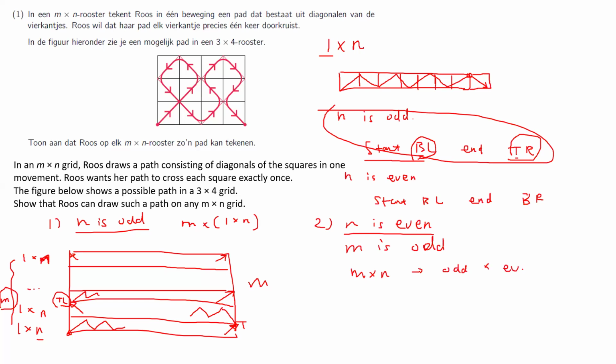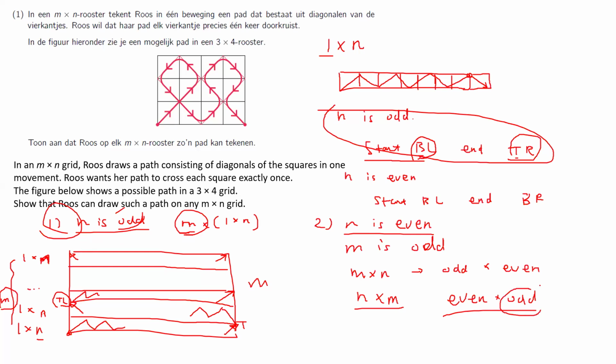You can see it's exactly a reflection of an n times m grid, which is an even times odd grid. We have just discussed this, which is case one, when m is even and n is odd. So the path exists, because we just proved that for any m, when n is odd, the path exists.